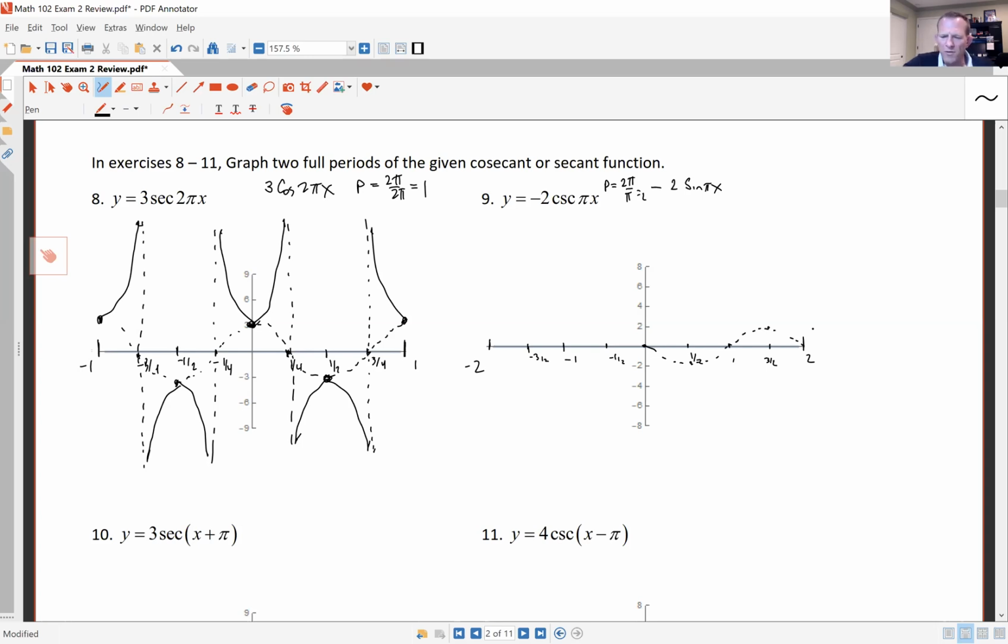Graphing all of those is not really all that necessary. What's necessary is showing where this graph is 0 to get our asymptotes, and then knowing that where it's 1 is where these graphs are starting from.